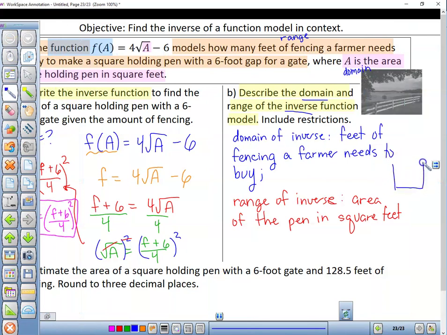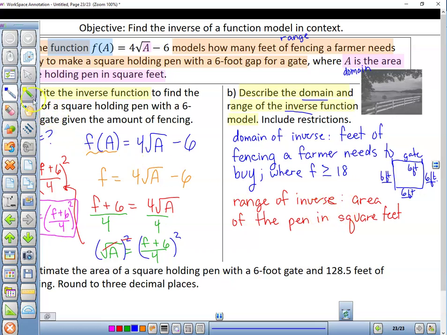So if you had a square holding pen where one side was your gate, that is 6 feet. And that means that the other 3 sides would be fencing, all of 6 feet. And so actually the minimum number of feet of fencing for this problem has to be 18. So it's where your F value has to be greater than or equal to 18 in this case.